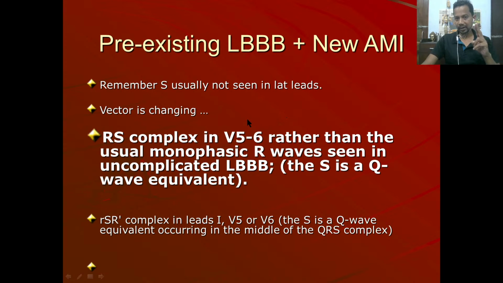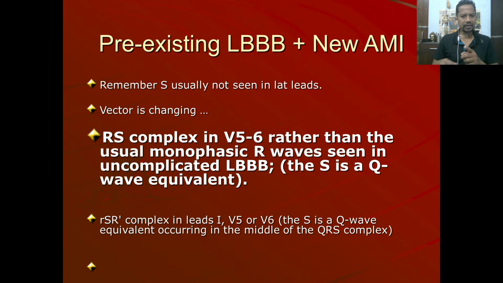There was a left bundle branch block, there is a left axis deviation, broad QRS, T is inverted, ST is depressed, and MI has occurred. So you are seeing RS complex in V5, V6 rather than the normal broad R wave in V5, V6. So this S wave is equivalent of a Q wave. Okay, downslope slurring, upstroke slurring.